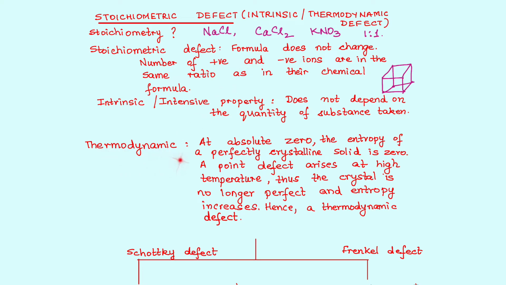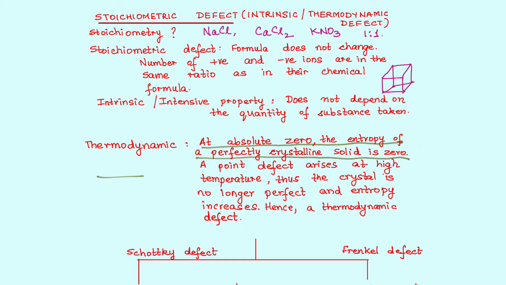Thermodynamic impurity. As I mentioned earlier, we have done in the previous video the third law of thermodynamics, which says that at absolute zero, the entropy of a perfectly crystalline solid is 0. That means there is no randomness, there is no disorderliness.